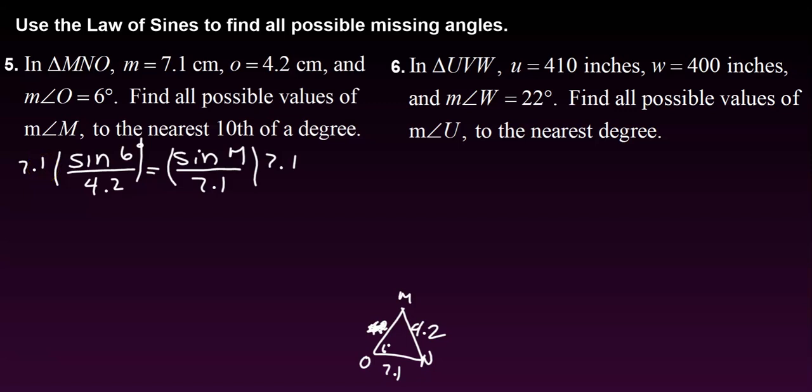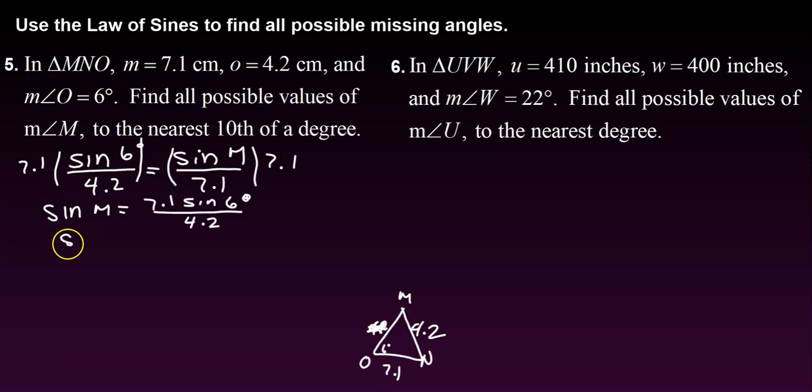Then we're going to have sine of M equal to, with a degree sign there. That's calculator work. I'm going to stick that in my calculator and come up with an answer.